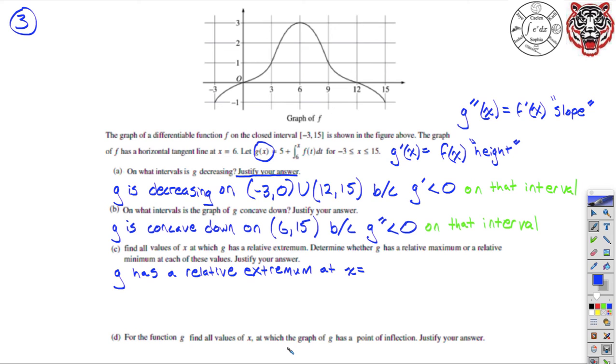At 0 and 12. Perfect. Why? Because F prime has a sign change.